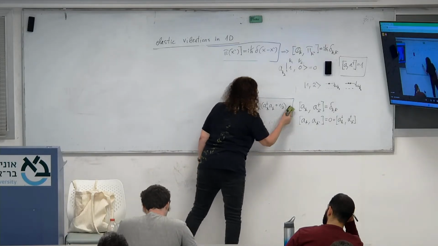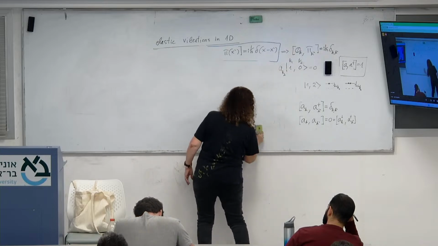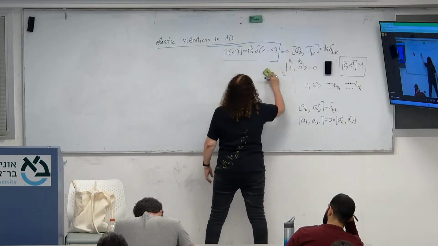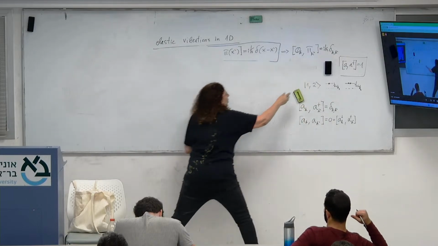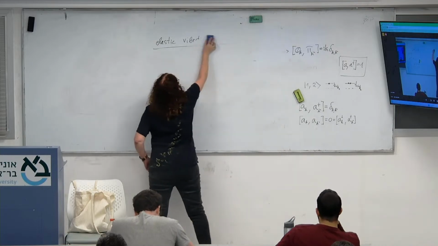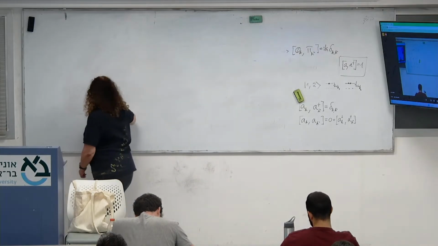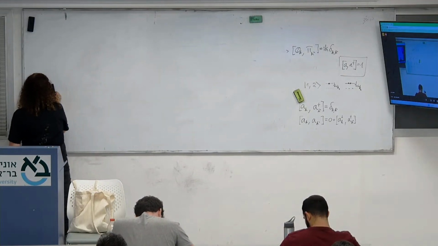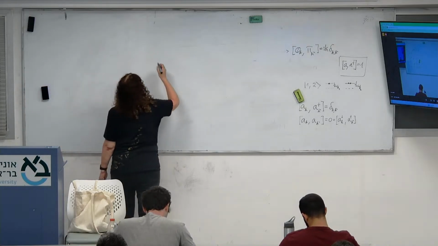The first stage is to write, this is better, we want to write a Lagrangian for electromagnetism.